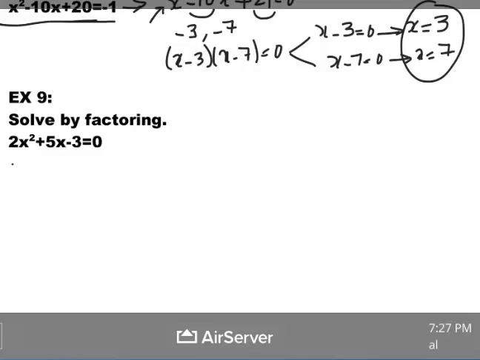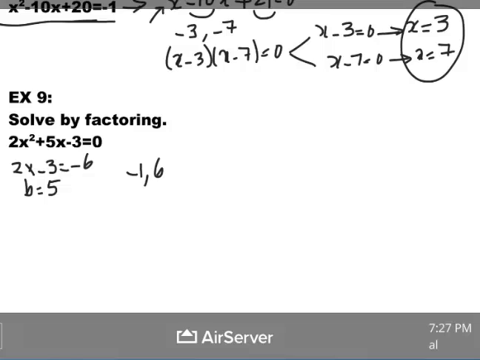So I'm going to say 2 times negative 3, ac, is negative 6, and b is 5. So I have to find 2 numbers whose product is negative 6 and that add up to 5. This means the two numbers are negative 1 and 6, because negative 1 times 6 is negative 6, and negative 1 plus 6 is 5.